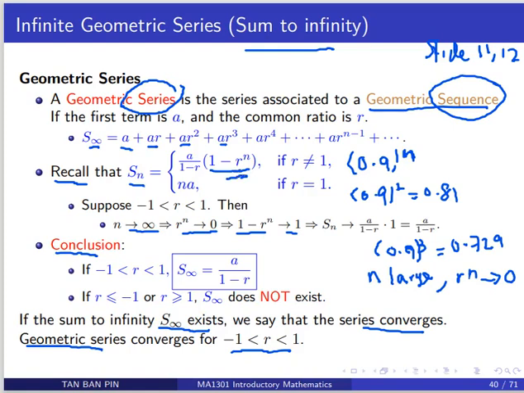So you are left with a over 1 minus r times 1, which is a over 1 minus r. That's how we get sum to infinity is a over 1 minus r, under the condition r is between minus 1 and 1. If you choose r less than or equal to minus 1, or more than or equal to 1, you'll find that r to the power n gets bigger, so you cannot find the sum to infinity.